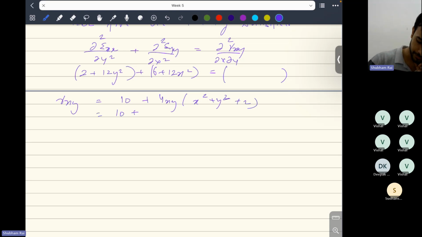Let me first write the expression for gamma. If you do that, you will get 10 plus 4x³y plus 4xy³ plus 8xy, right?